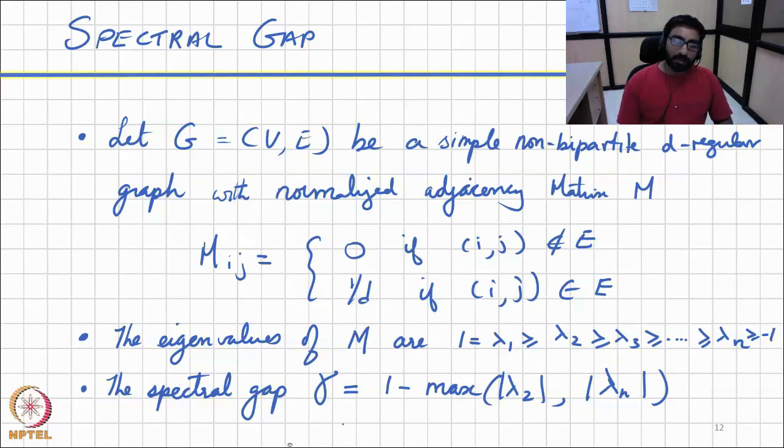Now the parameter, the spectral gap, gamma, is given by 1 minus the maximum of either the absolute value of lambda 2 or the absolute value of lambda n. When the spectral gap is large, as in at least a constant bounded away from 0, then this graph typically has good expansion and is typically called an expander graph.